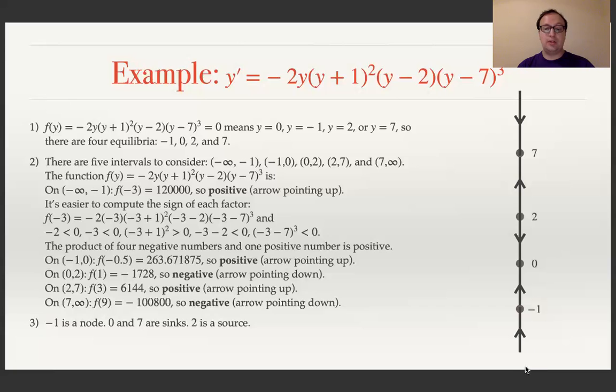The arrow that comes from -infinity points towards -1, and one arrow pointing away from it. So the arrow that goes from -1 to 0 points away from it. So -1 is a node or a semi-stable equilibrium.